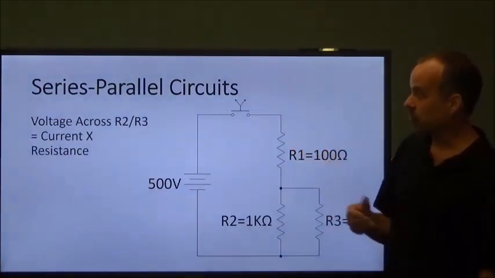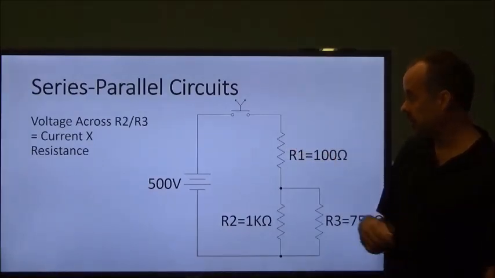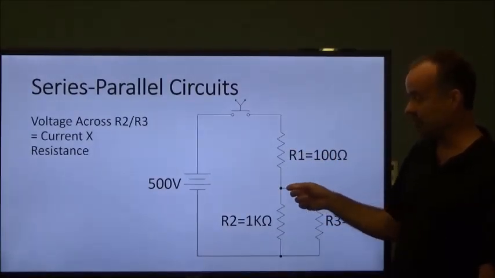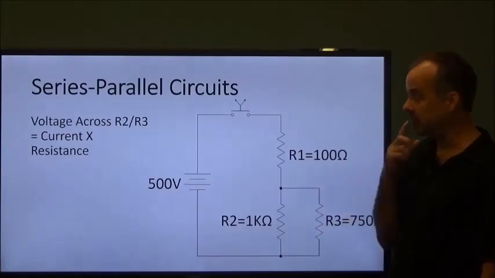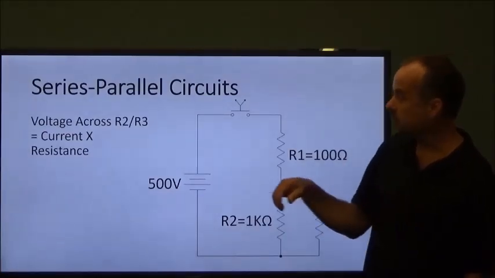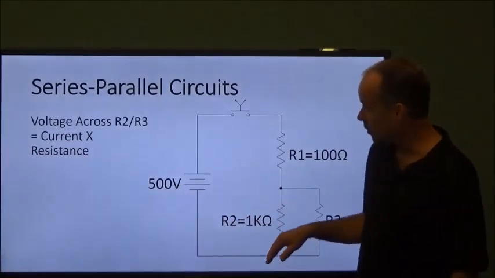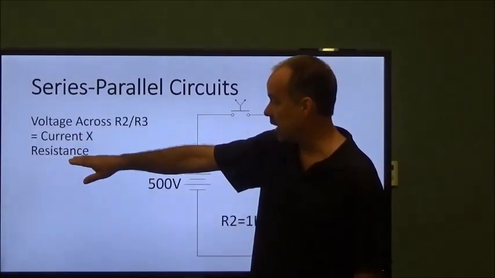So what's our voltage across R2 and R3? Because they're in parallel, they're going to have the same voltage across them, but different current values. To find the voltage across R2 and R3, I take the current times the resistance.